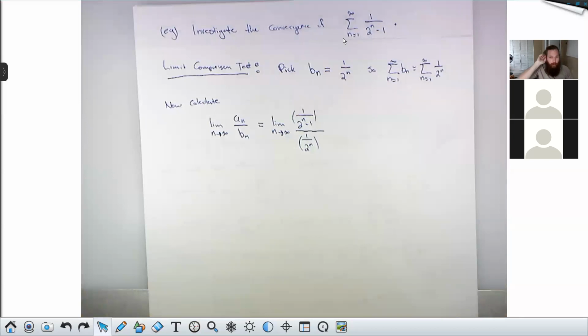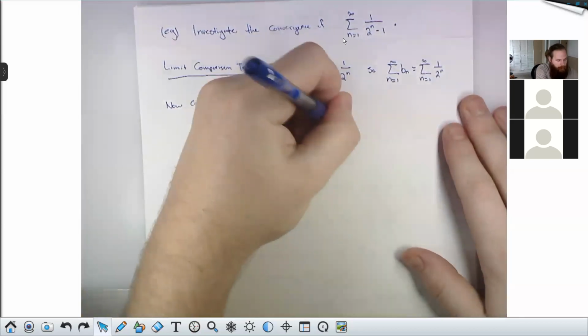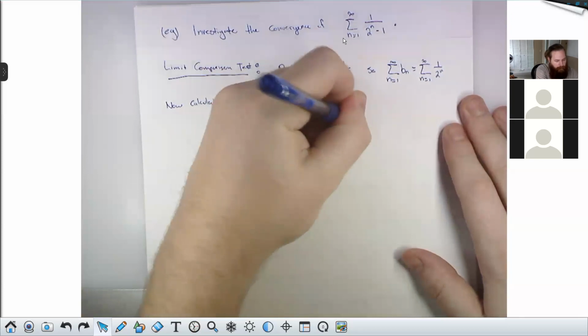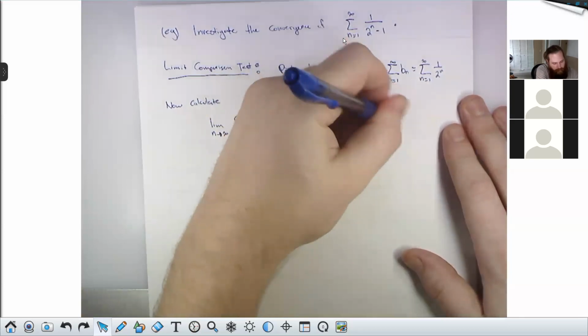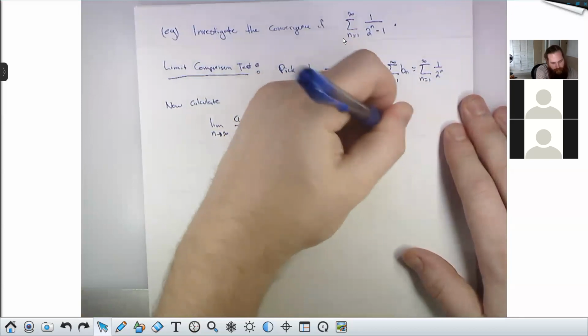The top and bottom are both going to 0. So I can't just plug in right away. But if I flip and multiply, I see that this is the same as the limit as n goes to infinity of 2 to the n over 2 to the n minus 1.